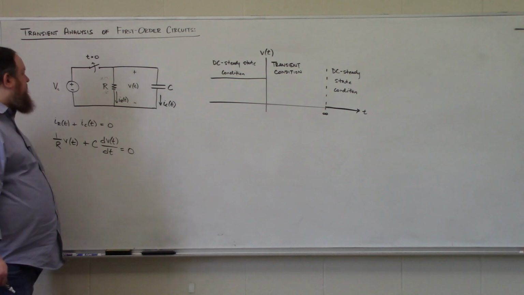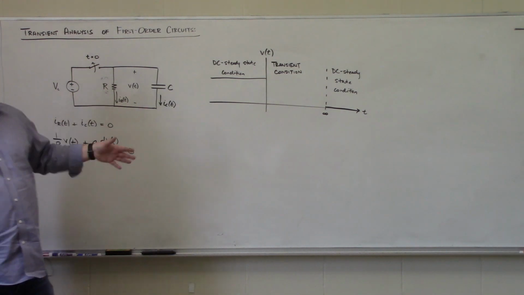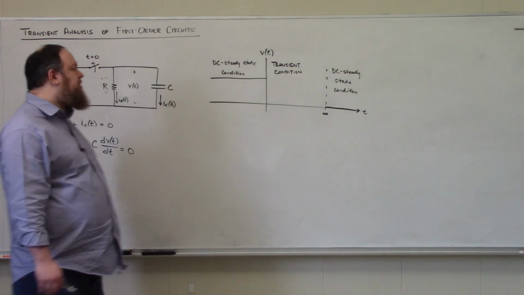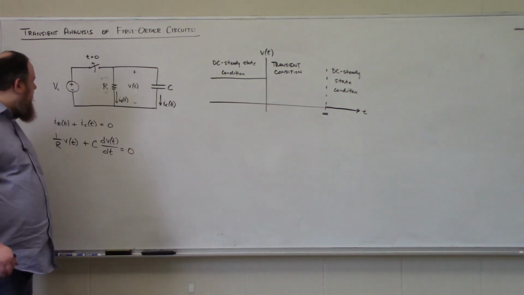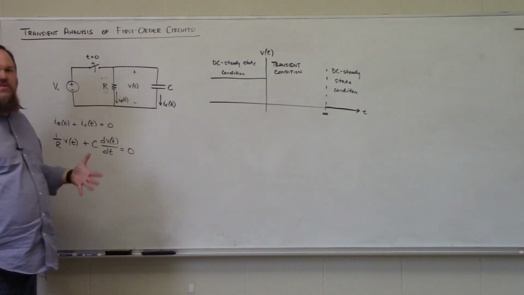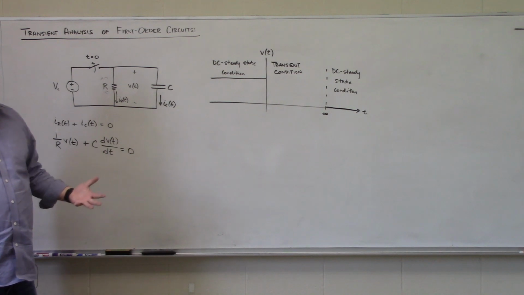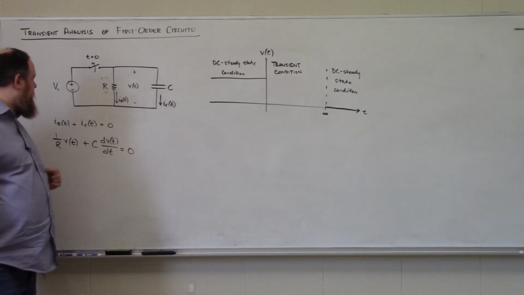And we're going to have to solve this for V of t to understand what's going on during that transient condition. So we need to make an educated guess as to what form that voltage will take. And by that I mean what type of mathematical function satisfies this equation.